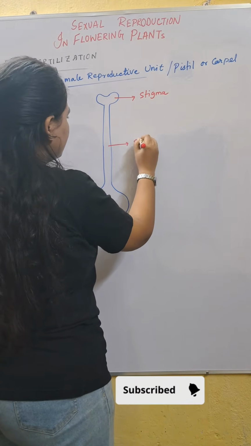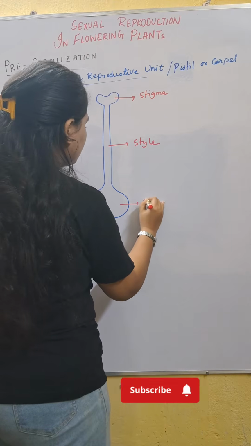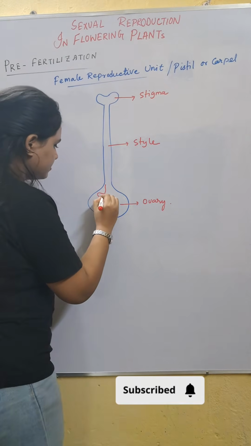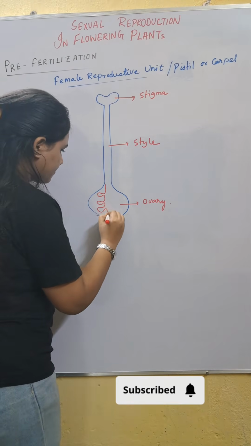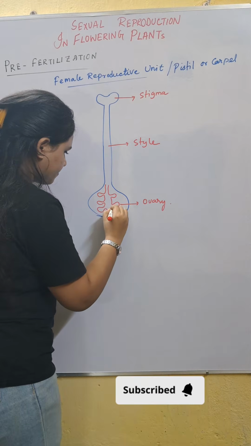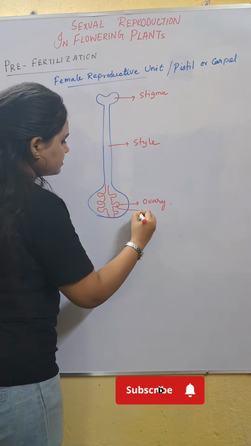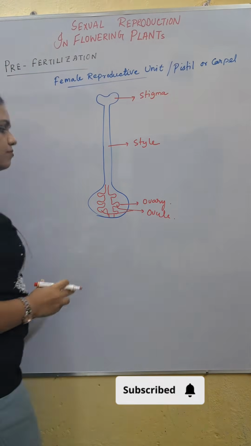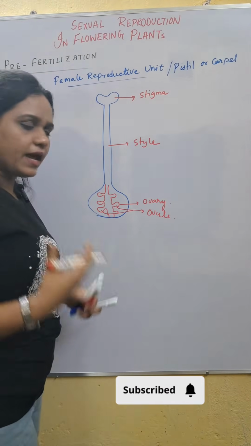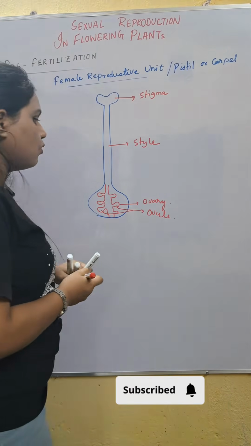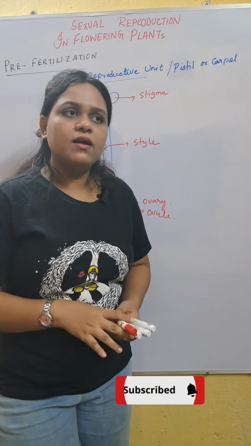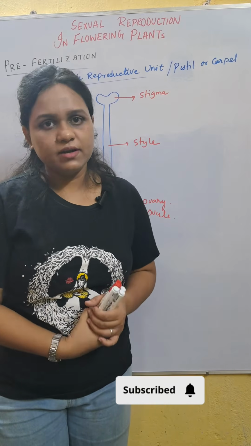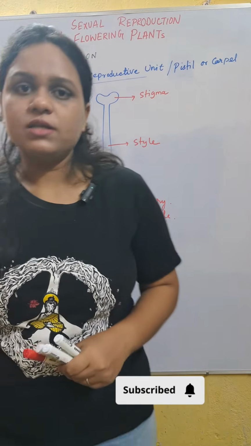This is the style and this is the ovary. Inside the ovary, there is the ovule. There are many ovules in the ovary. It can be one or it can be many. The ovary is the main place where the female gametophyte formation, or megasporogenesis, occurs. So let's understand the structure of the ovary.